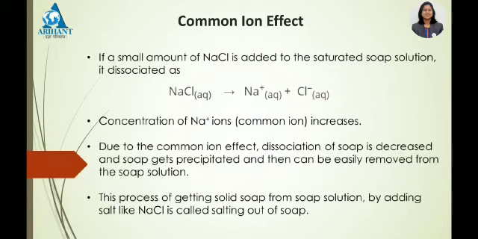So in this, Na+ ion, that is common ion, increases. Due to common ion effect, dissociation of soap is decreased and soap gets precipitated and can be easily removed from the soap solution. This process of getting soap from soap solution by adding salt like NaCl is called salting out of soap.